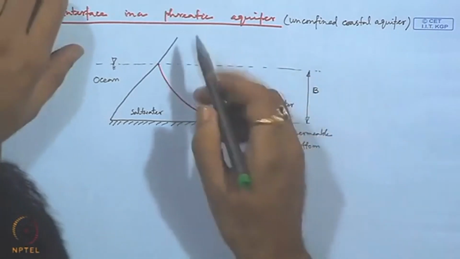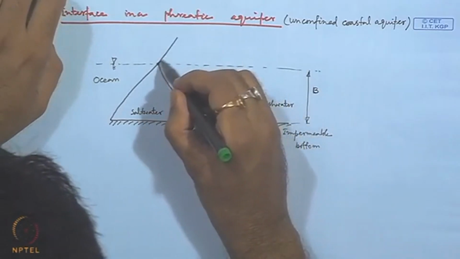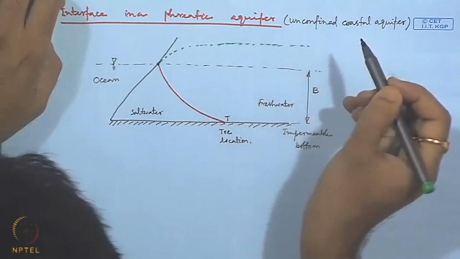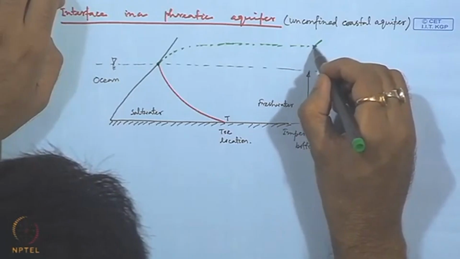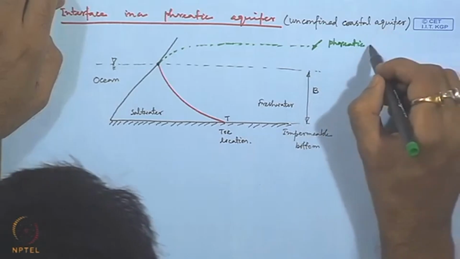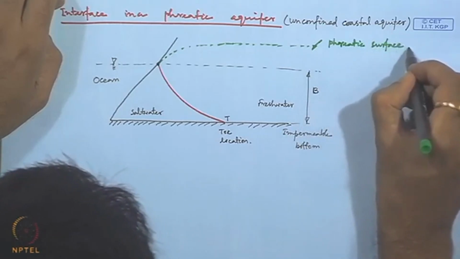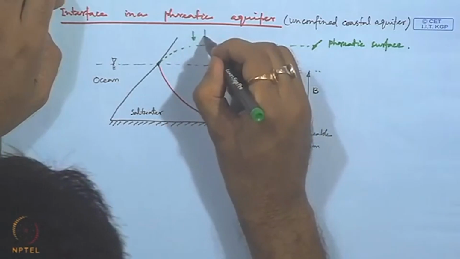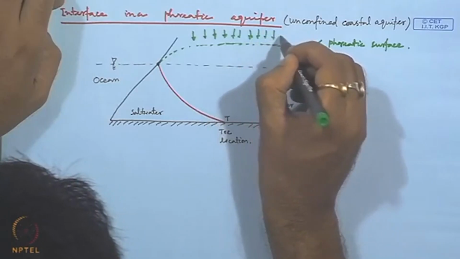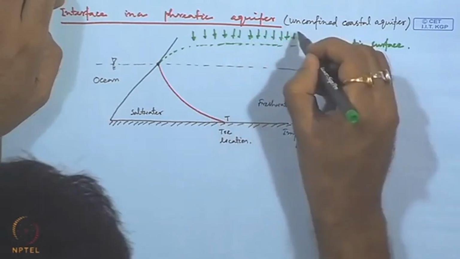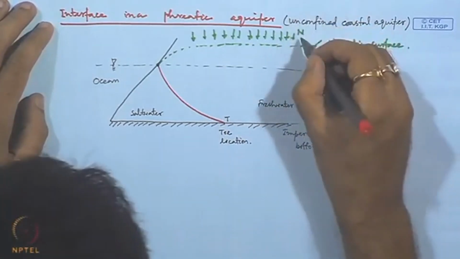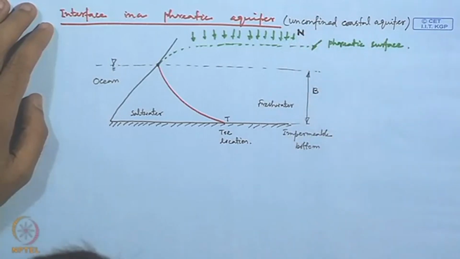Again we have this groundwater table which is phreatic surface, and we can assume some constant recharge rate n.